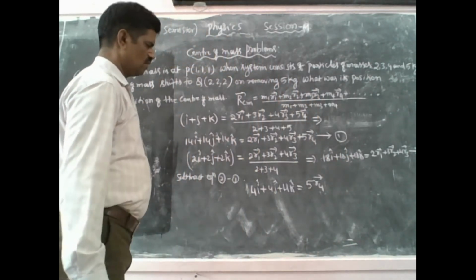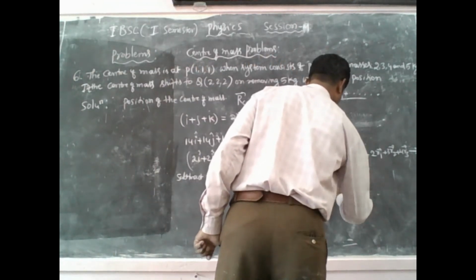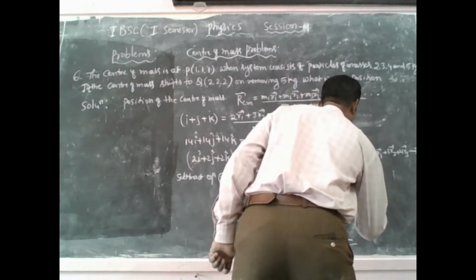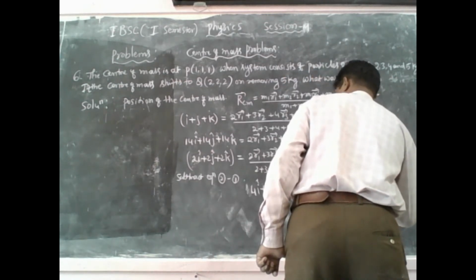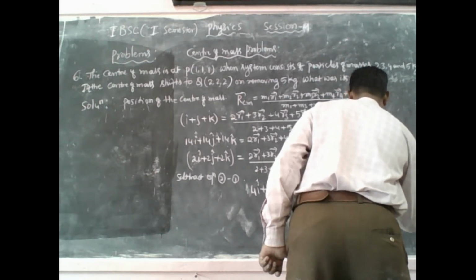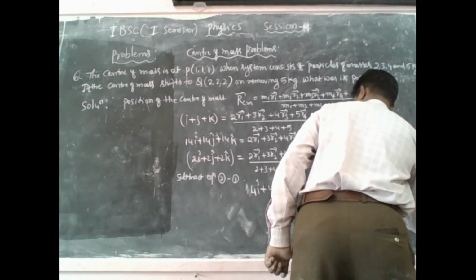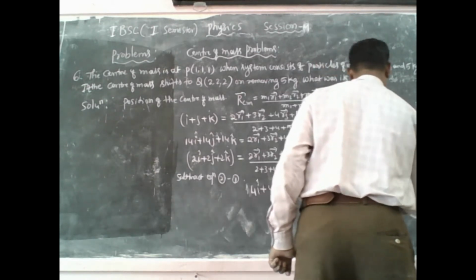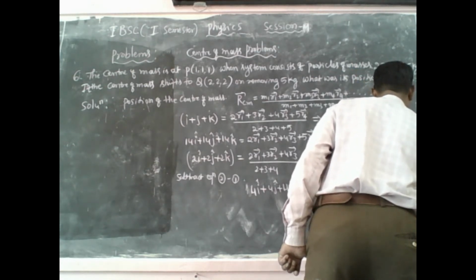So now R4 equals 4 by 5 I plus 4 by 5 J plus 4 by 5 K.